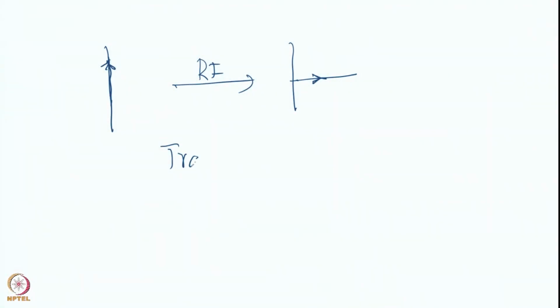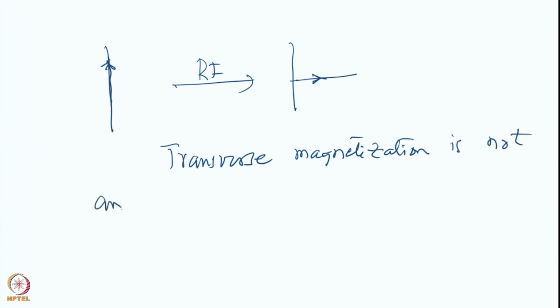Okay. So, this transverse magnetization is not an equilibrium situation, because in the equilibrium situation the magnetization was only along the Z axis.